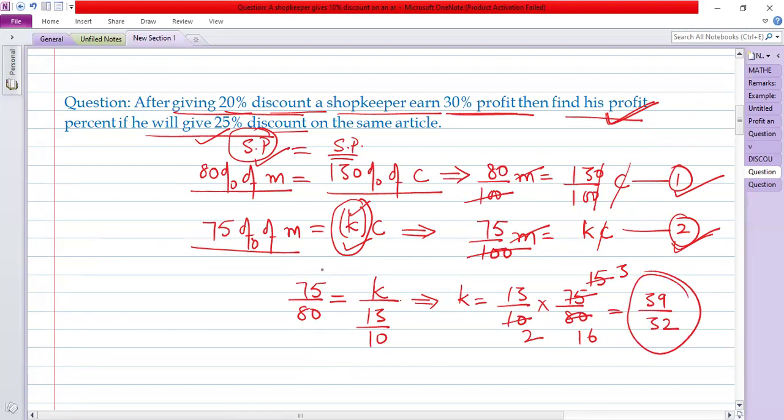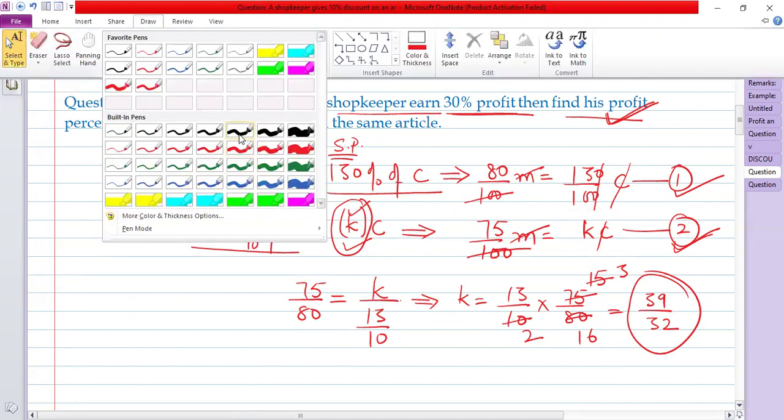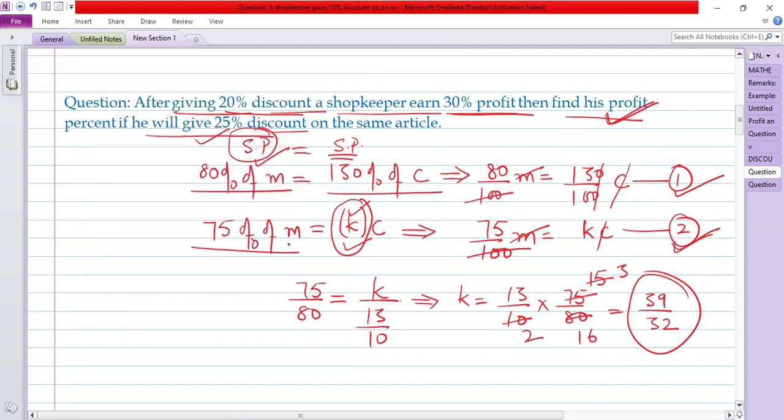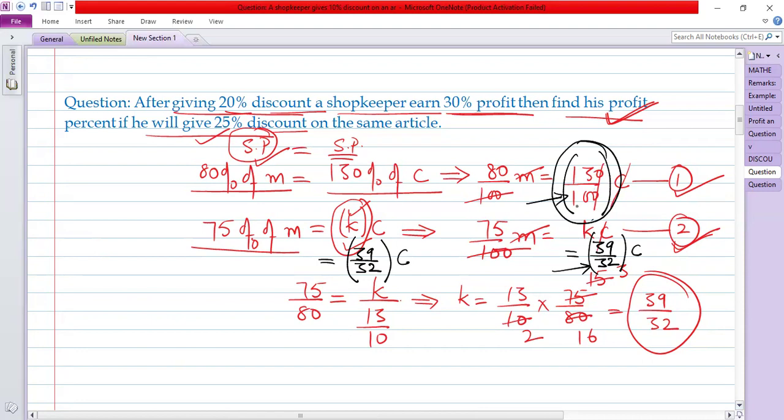Now what is the meaning of this K? It is 39 by 32 into C. For that, we have to understand the meaning of this 130 by 100.